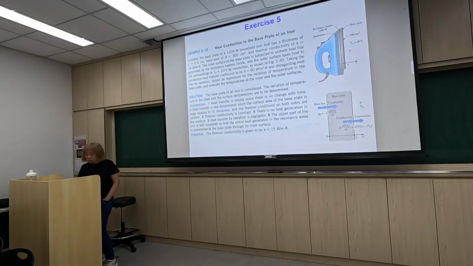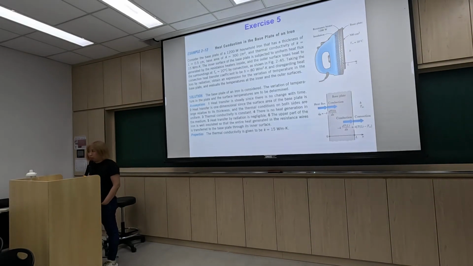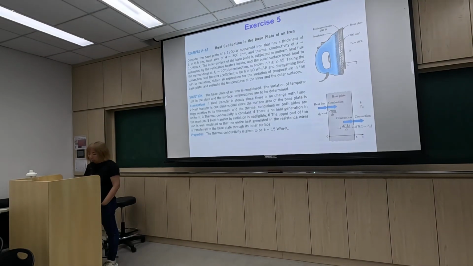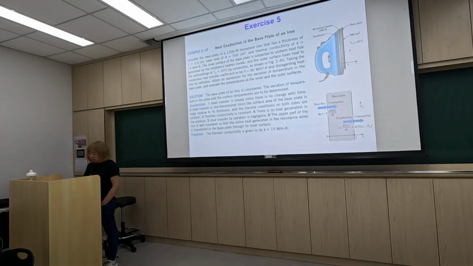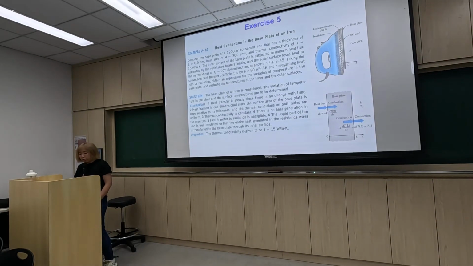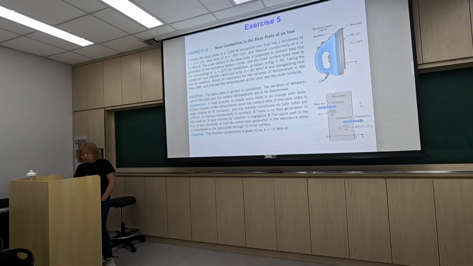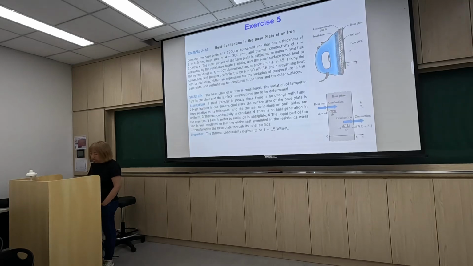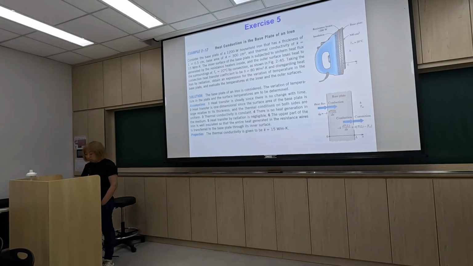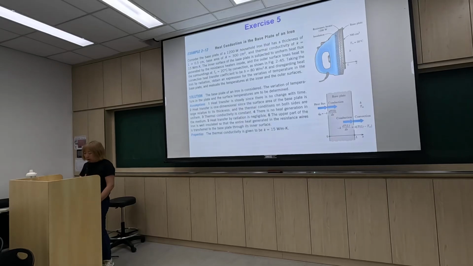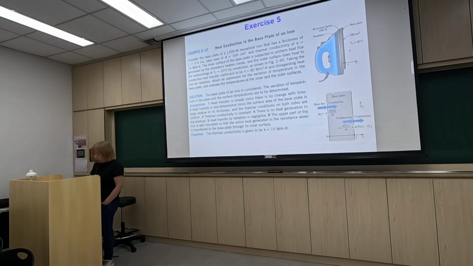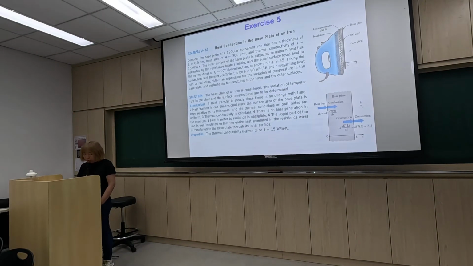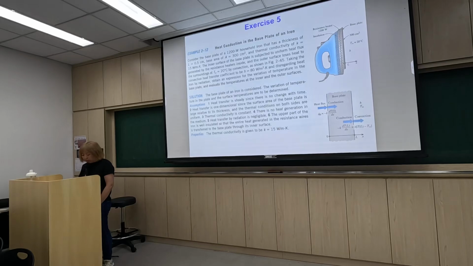The iron uses a resistance heater to provide 1200 watts of heat flux on its left-hand side. Below it there is an iron plate with a thickness of L equals 0.5 centimeter, with an area of 300 square centimeters, and thermal conductivity K equals 15. Then the inner surface of the base plate is subject to uniform heat flux generated by the resistance heater inside.